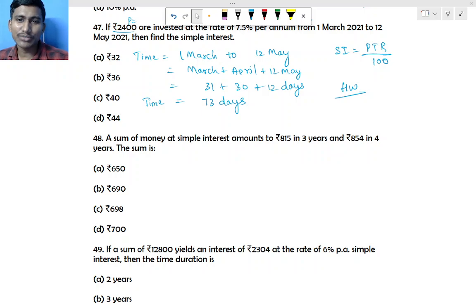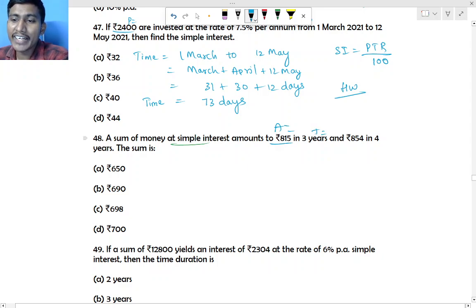You see here question 48, right? A sum of money at simple interest amounts to this much. Amount is given, that is in 3 years time, and in the fourth year, the sum is. These type of questions will come sometimes.